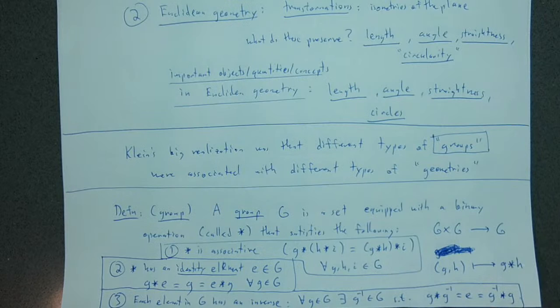They are transformation groups. And so what Felix Klein noticed was that associated to different types of geometries are different types of transformation groups. So we'll talk about that next time, and I'll give some examples about how you can change the group a little bit to change the geometric considerations of what's going on.